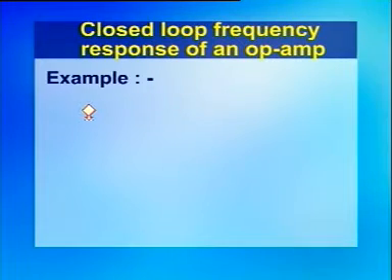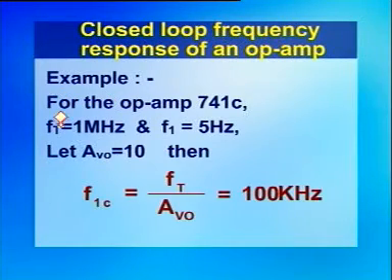Now let us compare the 3 dB frequency in case of open loop op amp and the 3 dB frequency in case of closed loop op amp by considering an example. Let us consider the op amp 741C. For this 741C op amp, Ft equal to 1 MHz and F1 equal to 5 Hz.